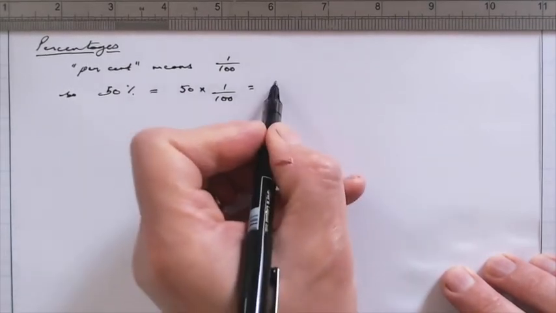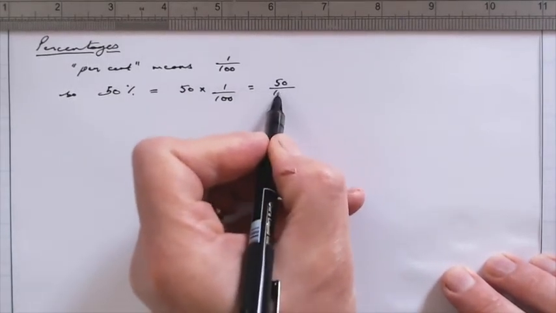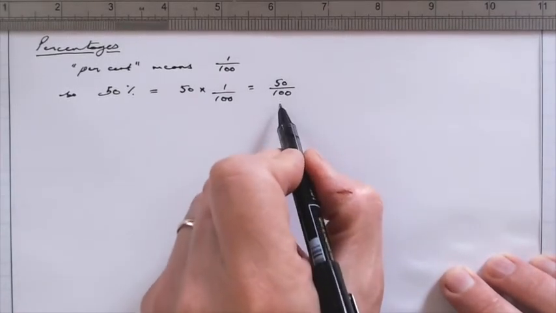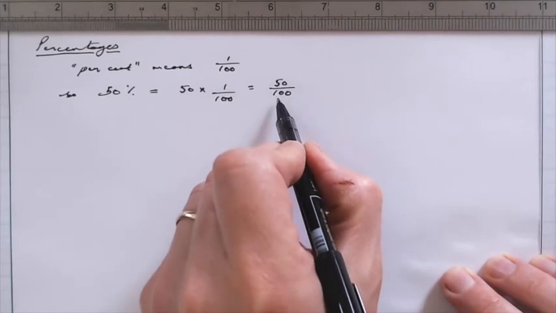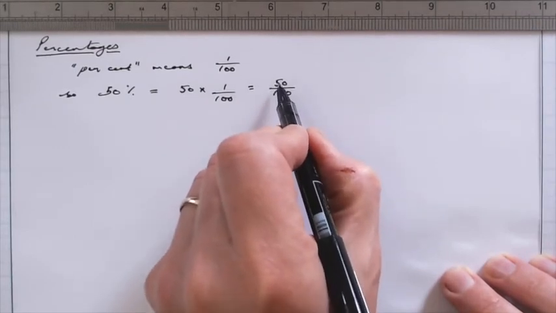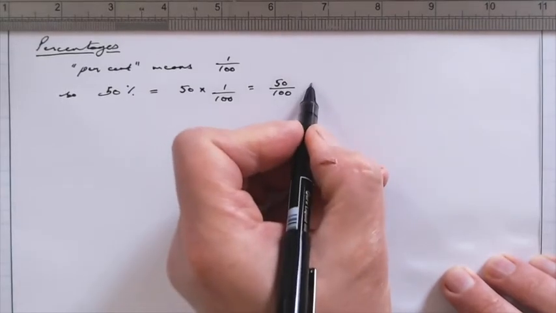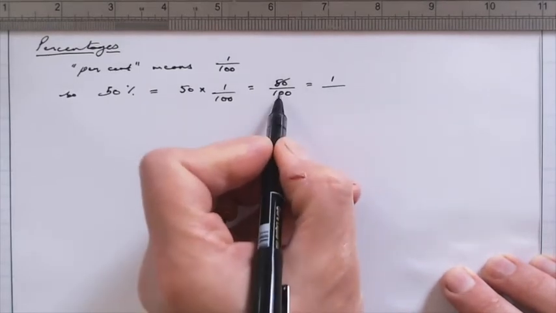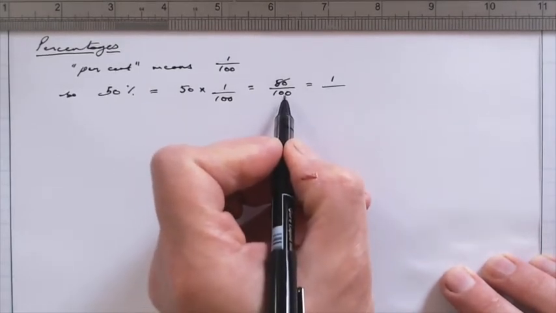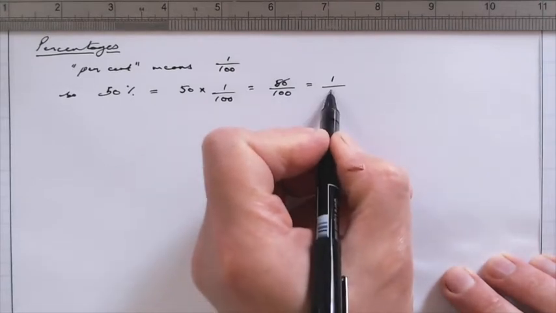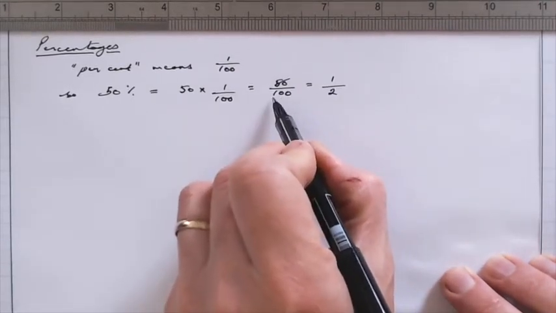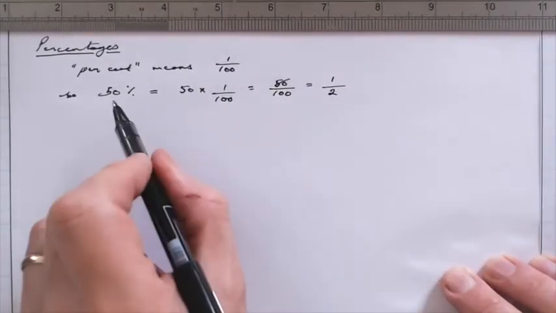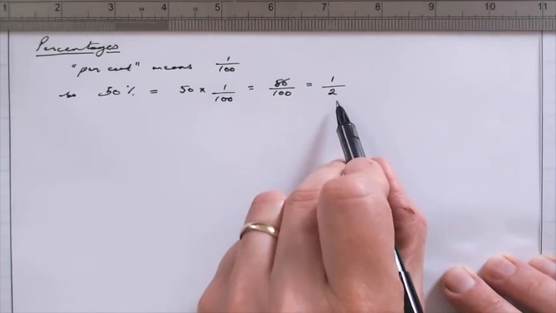So 50 times 1 is 50 all over 100. And then we have practice with looking for a common factor in the numerator and the denominator. I think it's pretty obvious here that the common factor is 50. So I can strike out the 50 to get 1 and strike out 50 in that 100 and be left with 2. So I'm thinking of that 100 as 50 times 2, striking out a 50 and being left with 2. So we see here that 50% corresponds to 1/2.